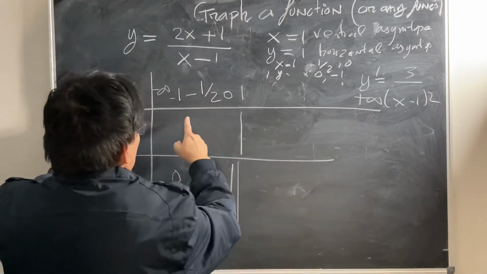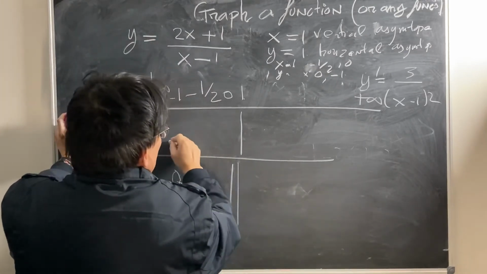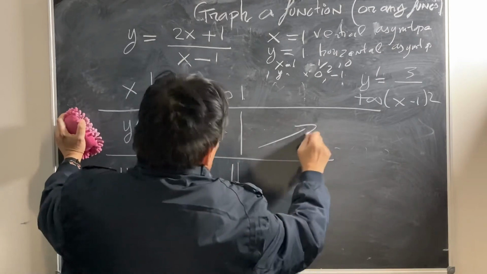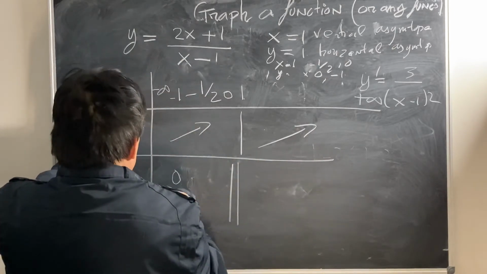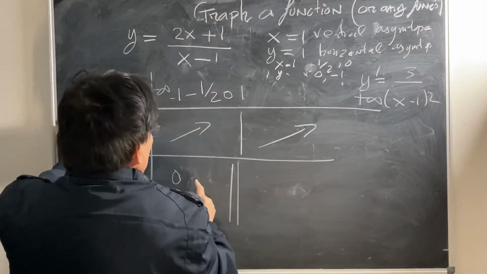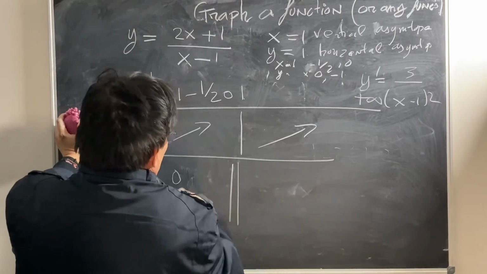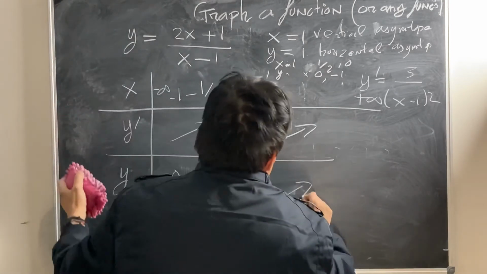Okay, so the function is going up, and it doesn't have a local min or local max.